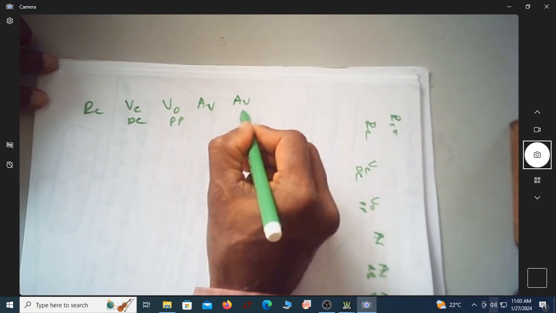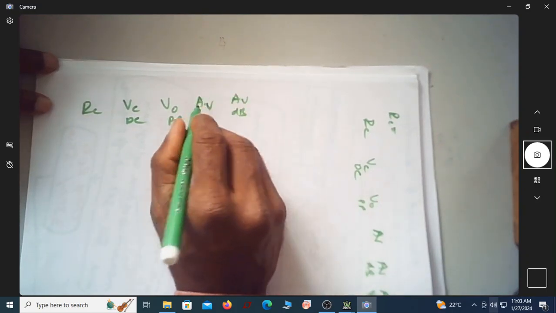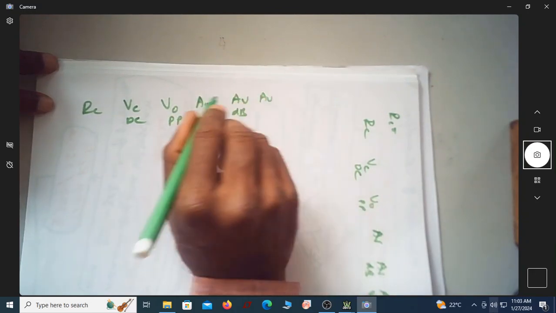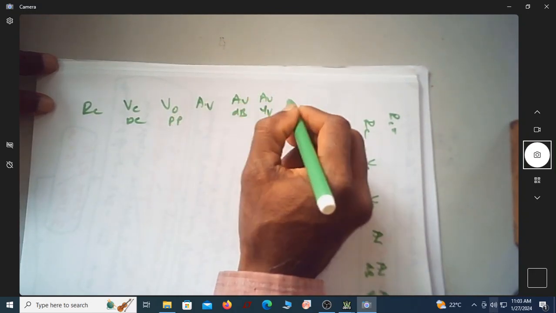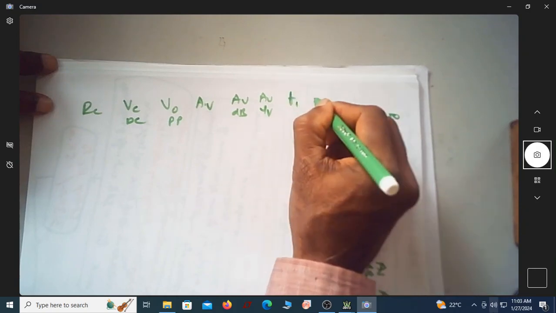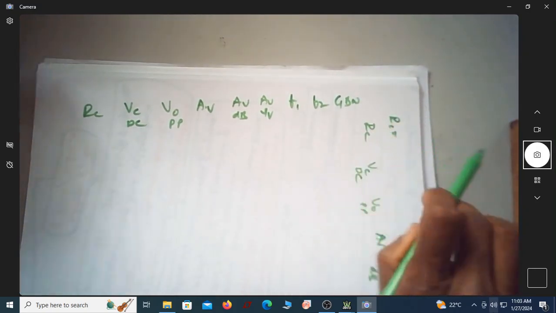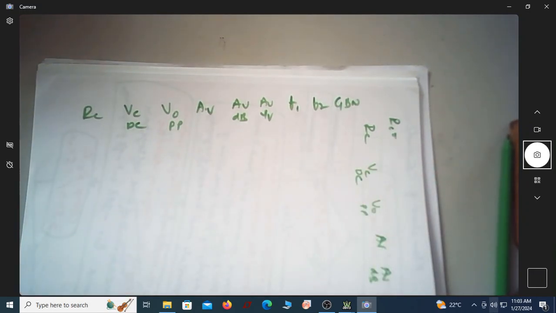I also found AV from the network, that is the frequency response, in dB. Then I can find AV in volt per volt using the network. I have the two frequencies F1 and F2, and then let me find out GBW. So let me start doing this.